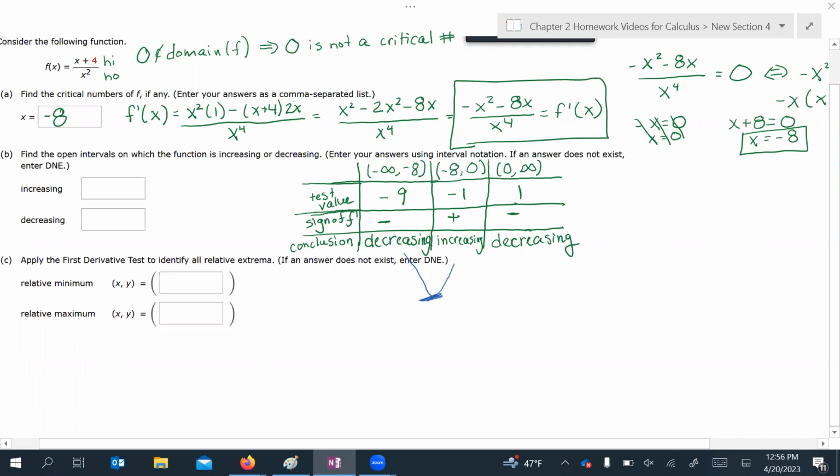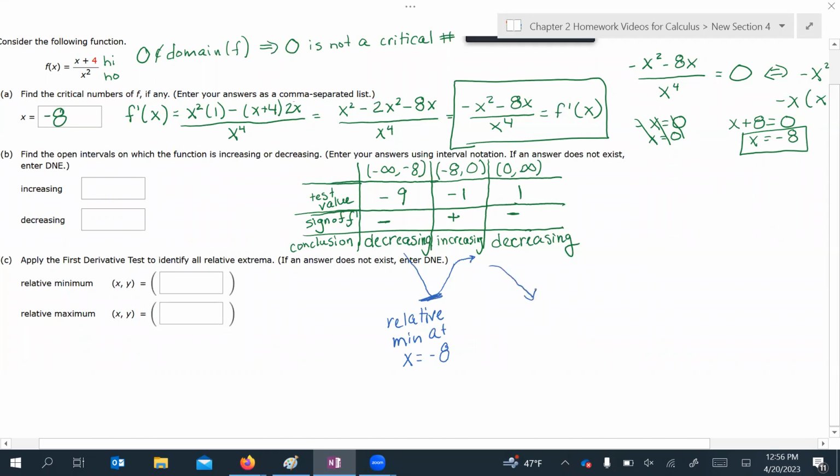So you're going to hit an all-time low or a valley, and that's going to yield a relative min. And that's going to occur when x equals negative 8. From there, you're going to be increasing, increasing, increasing until you get to 0. And then you're going to switch to decreasing.